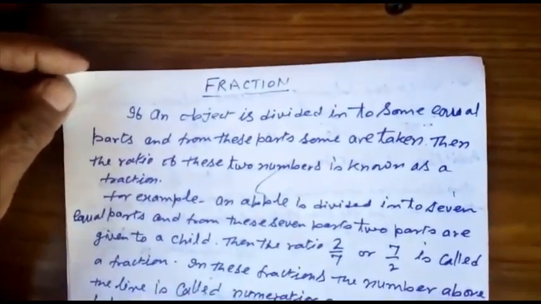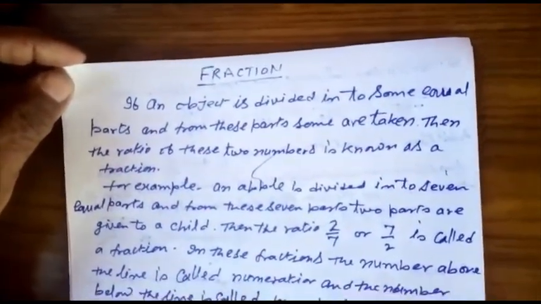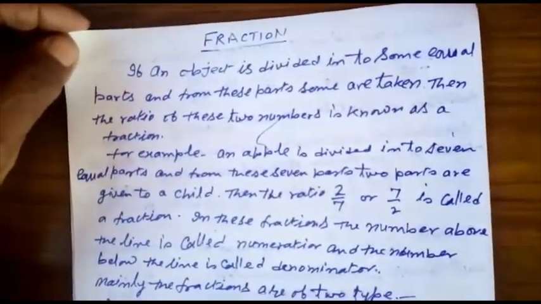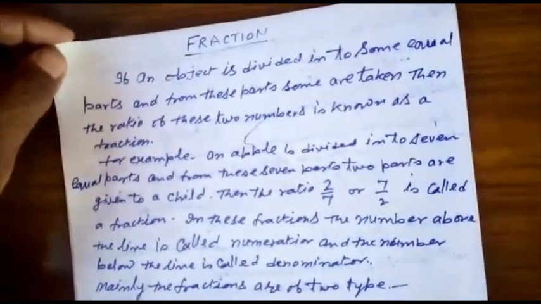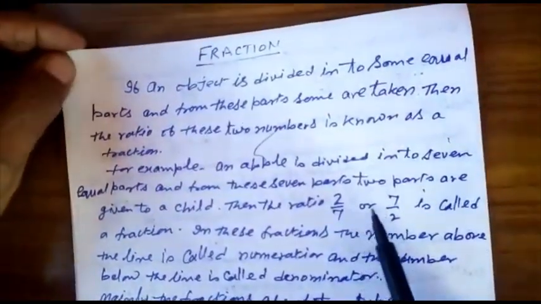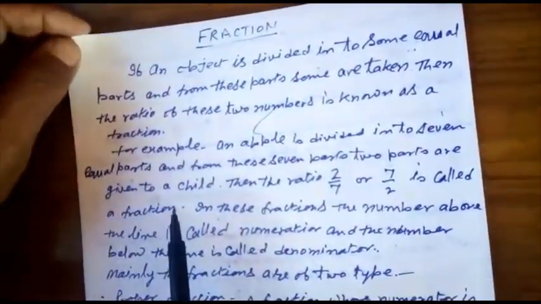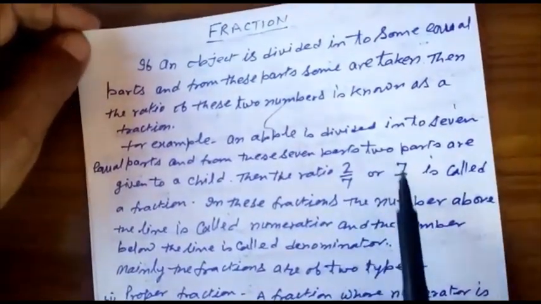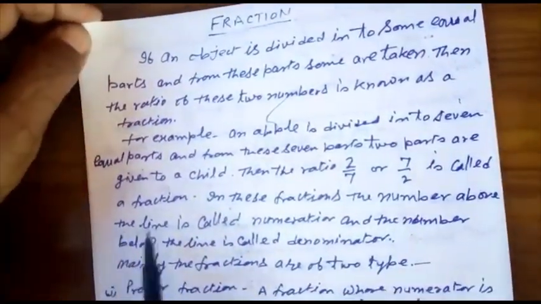For example, if we divide an apple into 7 equal parts, and from these 7 parts, 2 parts are given to a child, then the ratio will be 2 upon 7, which is called a fraction.